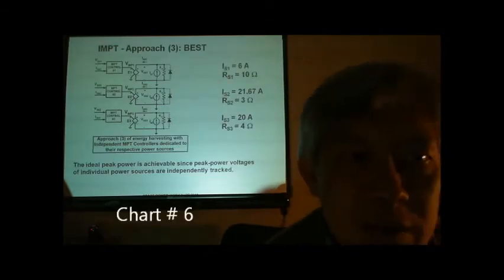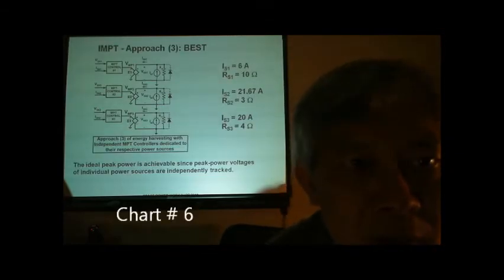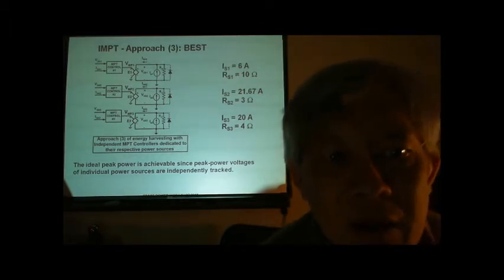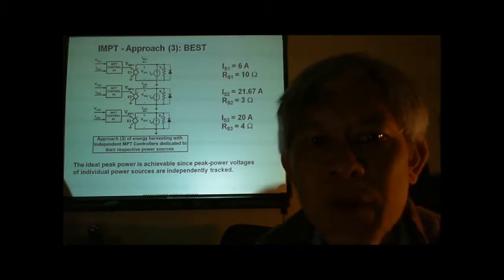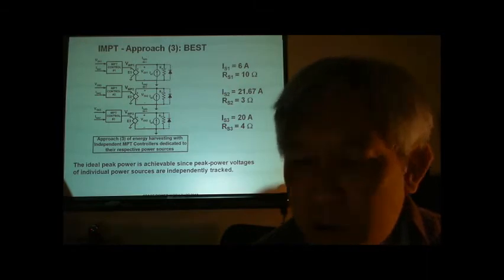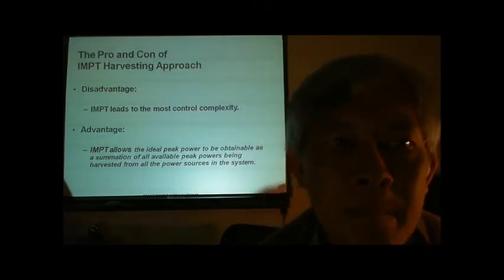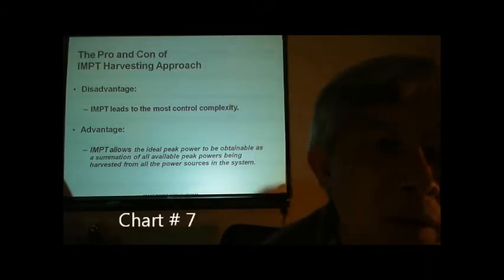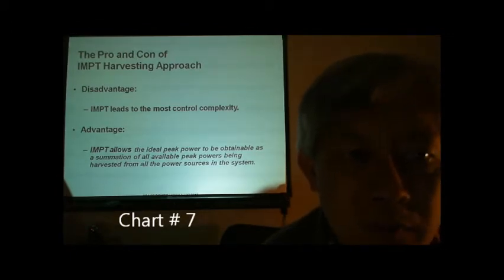The best approach is independent maximum power tracking or IMPT. In this approach, the ideal power is achievable since peak power voltages of individual power sources are independently tracked. The pro and con of the independent maximum power tracking harvesting approach.